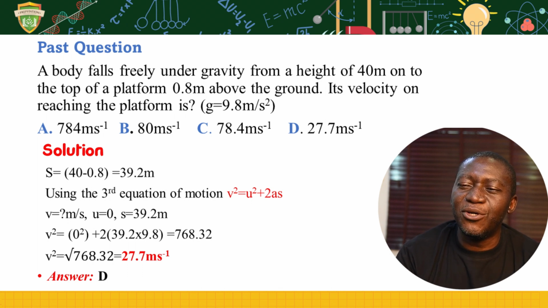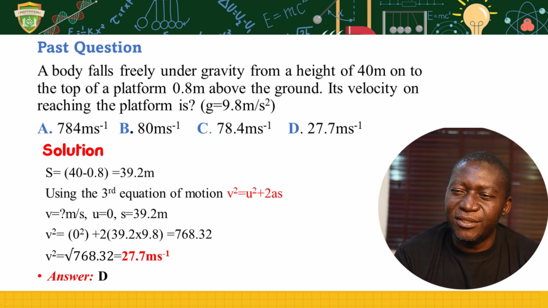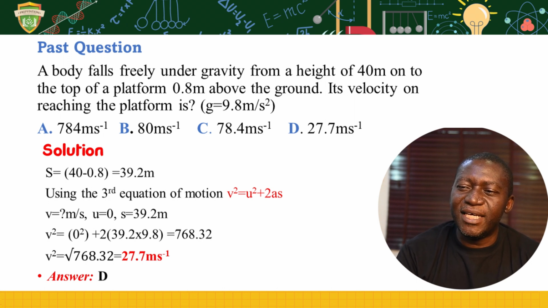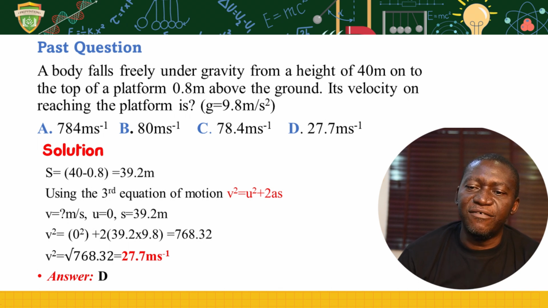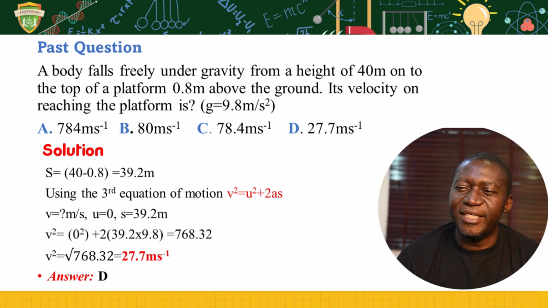So if you go back to your options, option A says 784 meters per second, option B says 80 meters per second, option C says 78 meters per second, and option D says 27.7 meters per second. So the right option there is option D, which says 27.7 meters per second. So that will be the velocity on reaching the platform.